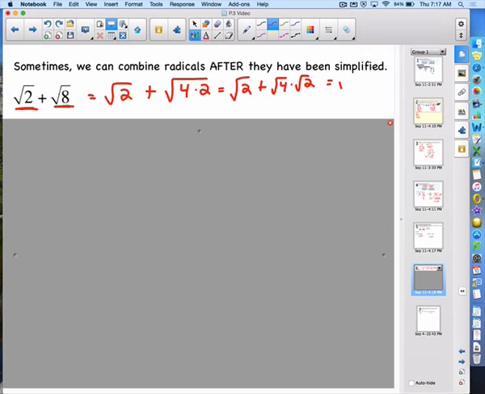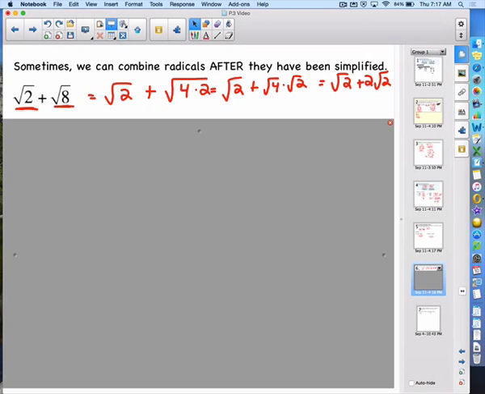And now I have the square root of 2 plus 2 square root of 2. Sorry, that went off the end a little bit. So now I really have 1 times square root of 2 plus 2 times square root of 2. That's going to give me 3 times the square root of 2. So if they don't match to begin with, we just need to double check, is there any way I can simplify them to make them match?